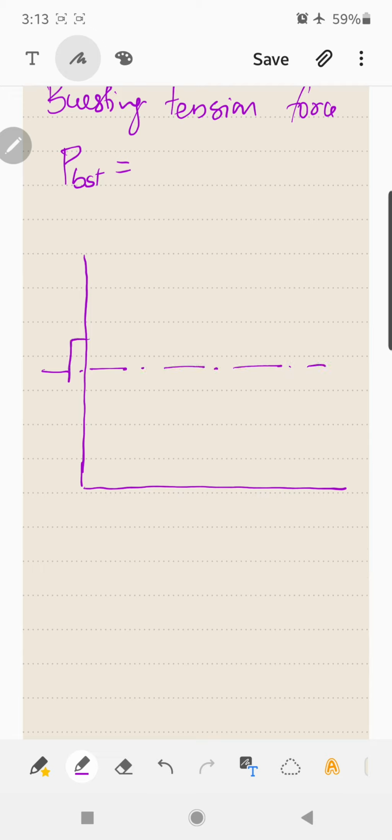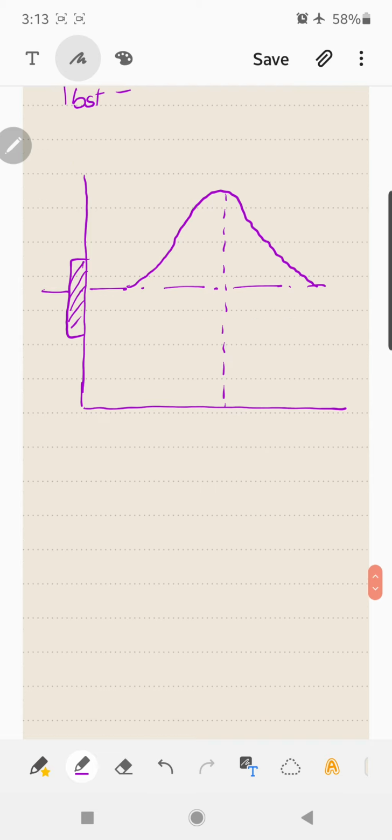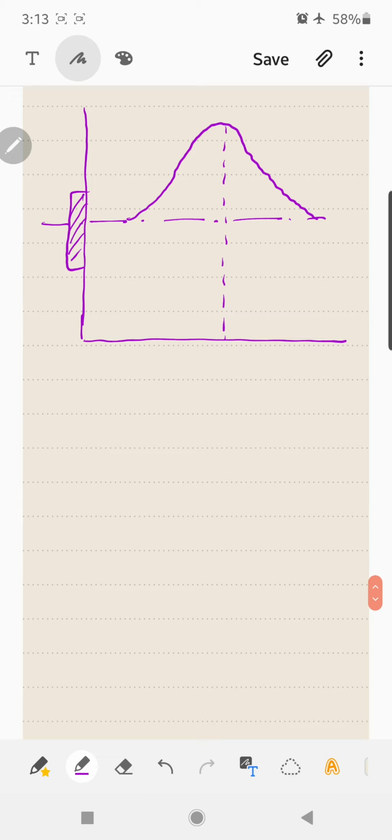This is the anchor plate. We have considered the maximum stress at x by h equal to 0.5, so x is equal to 0.5 h. So we have considered the maximum stress at a distance of half the depth of the section.